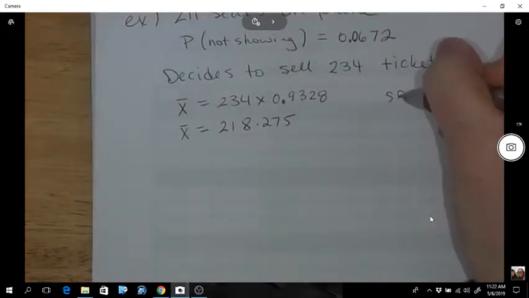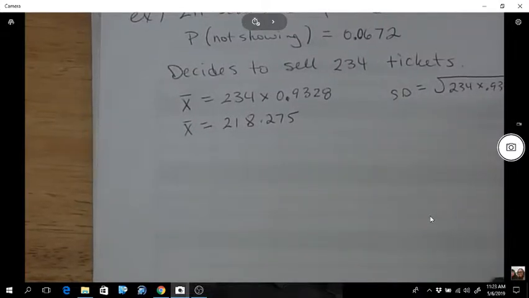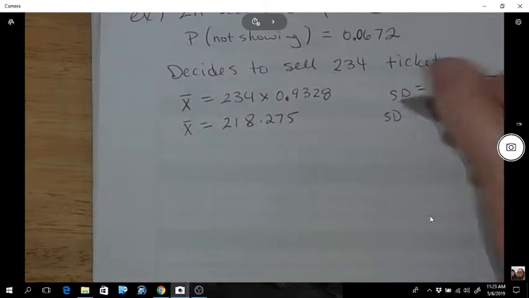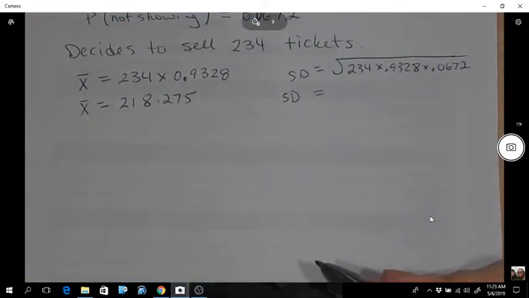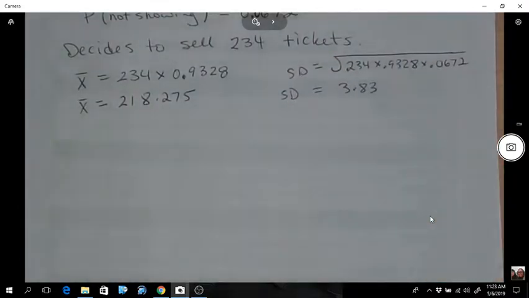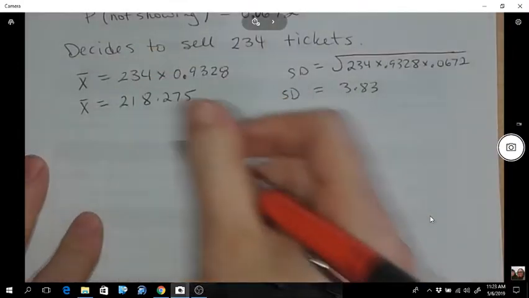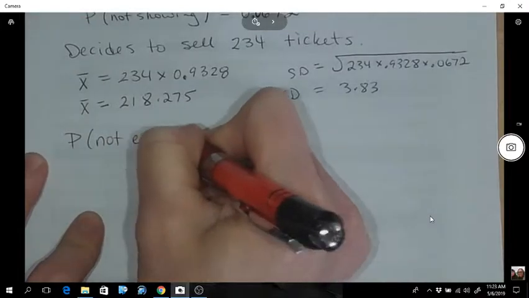And our standard deviation then would be the square root of 234 times 0.9328 times 0.0672. Okay, so our standard deviation comes out to 3.83. Okay, find the probability of not enough seats.